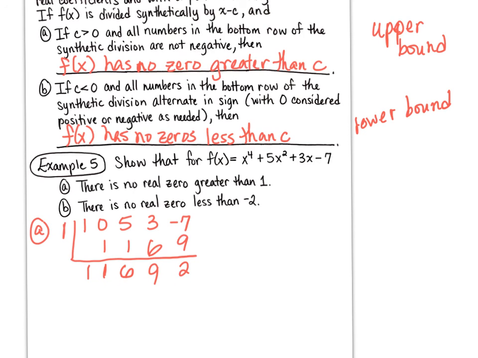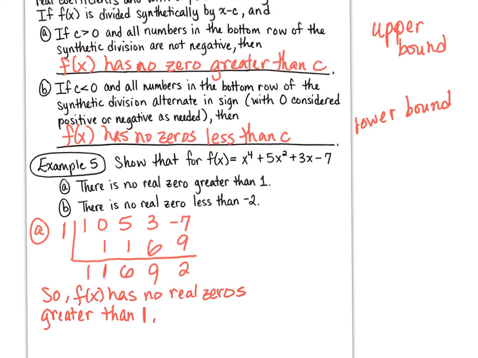Positive. So that means by part A of our boundedness theorem, f of x has no real zeros greater than 1.